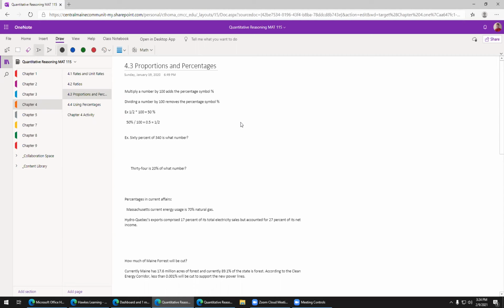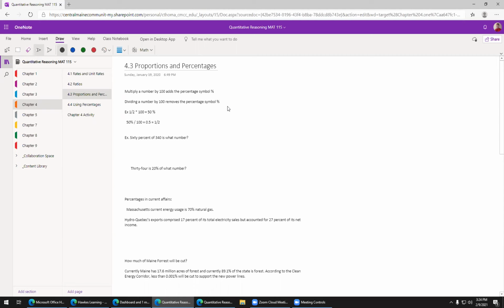The way percentages work, if I take a number and I multiply it by 100, that adds the percent symbol. If I take a number with a percent symbol and I divide by 100, that removes the percent symbol. That is the same trick as moving decimals 2 places to the right or 2 places to the left, right? The reason you're allowed to move the decimal 2 places is the whole multiply or divide by 100, right?